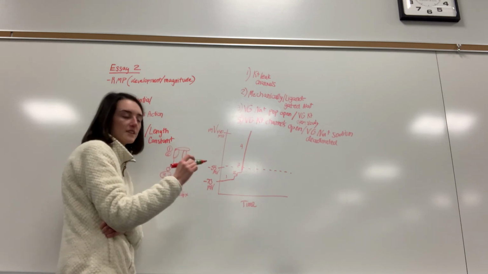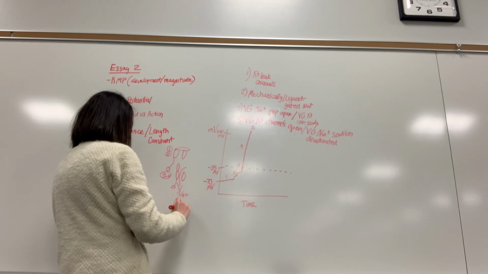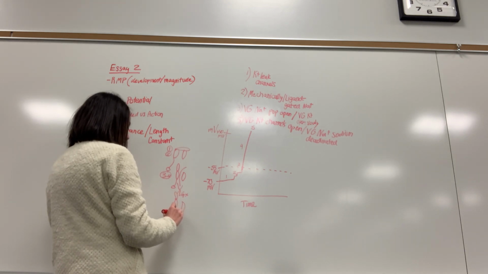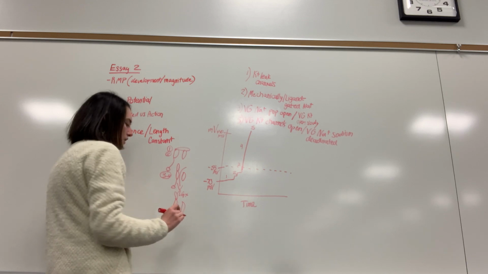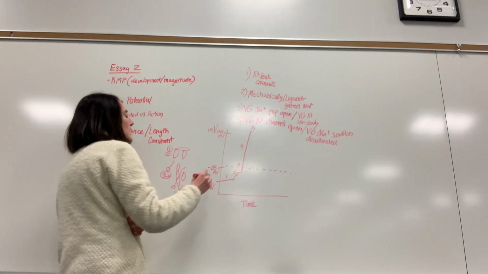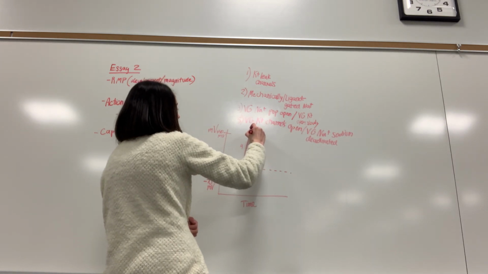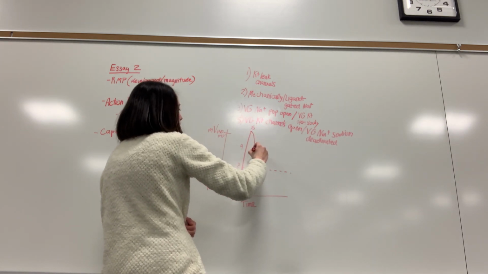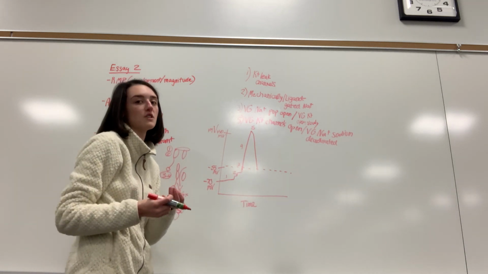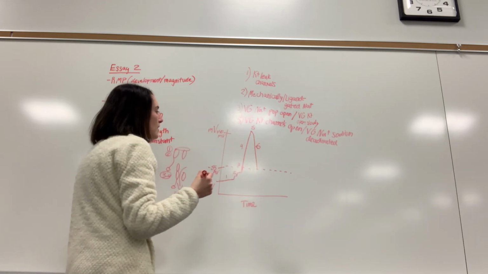But now at step 5, that channel is still going to stay open, but that ball and string are now going to block the opening way. And so that's what causes the voltage-gated sodium to deactivate. And that's going to cause what's known as repolarization, or a return to the resting membrane potential. And that is represented by steps 5 and 6.